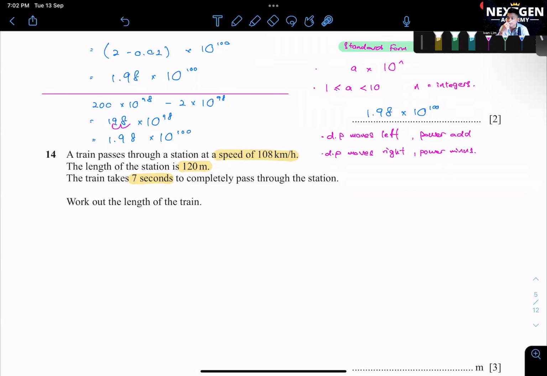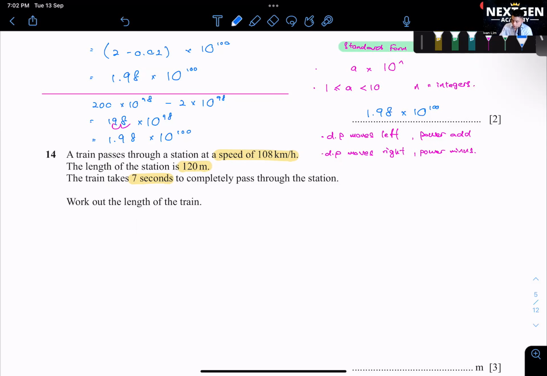We need to find the distance of the entire station. Technically, the train traveled how much, but it's the length of the station, right?